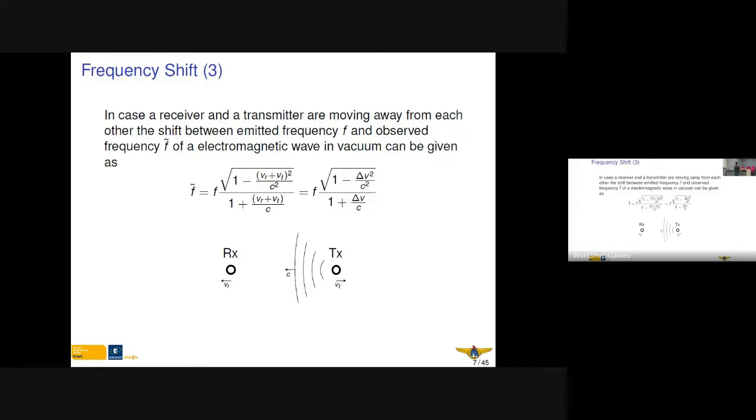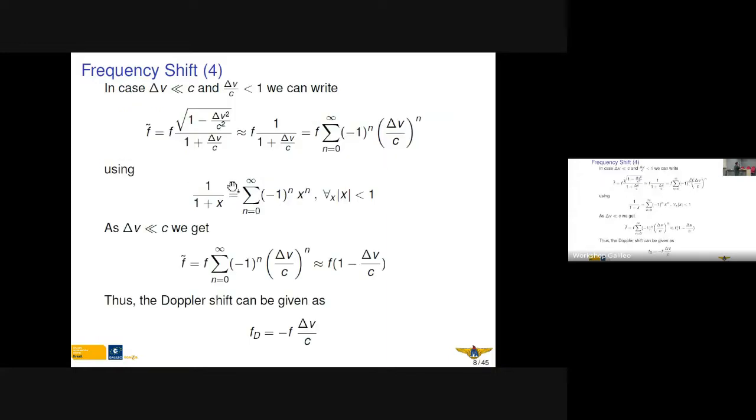We can now do the same approximations here, pretty much the same. So we have delta V much, much smaller than the speed of light, delta V divided by c is smaller than 1.